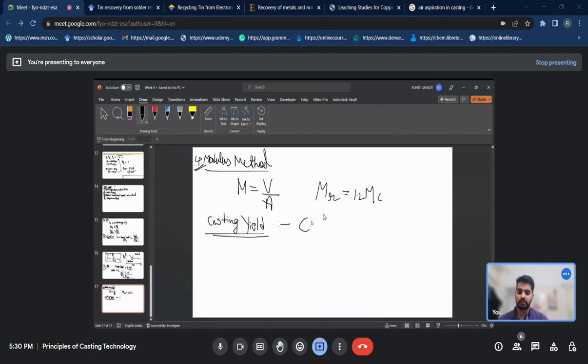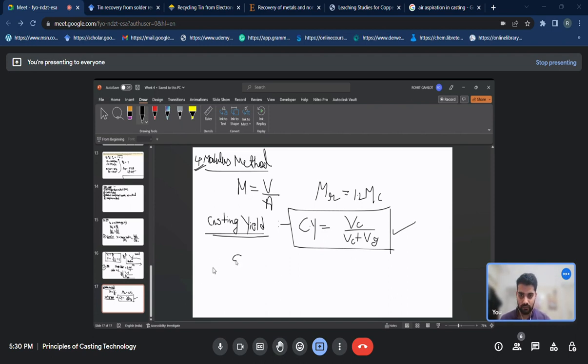So casting yield is the ratio of the volume of the casting to the volume of the casting plus the volume of the gating system. Sometimes it comes in exams and we don't know the terminology.